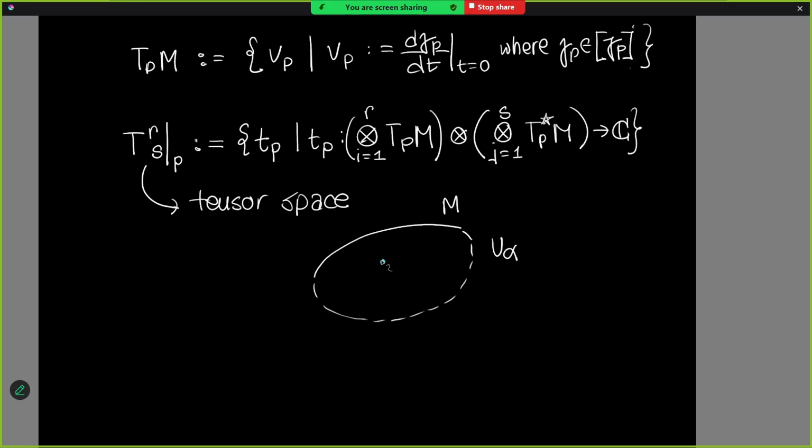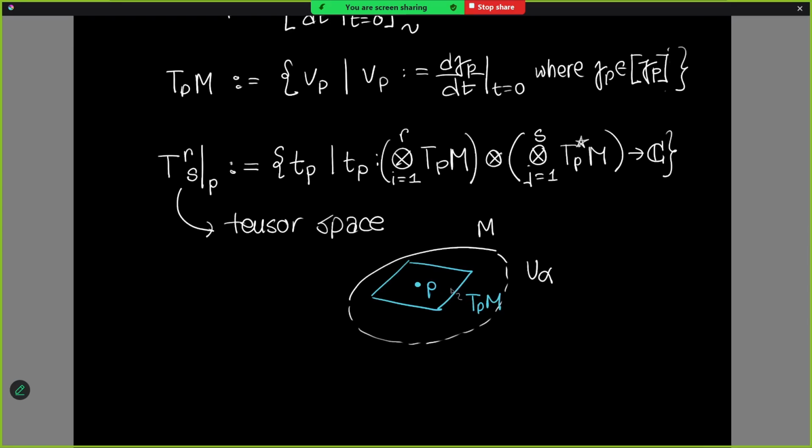Let's think of this point p. We knew that there was this tangent space, right? There was a T_pM that's attached to this p, and there's also, I'm going to draw it a little bit rotated, a dual space T_p^*M. And so using these two spaces, we can use the tensor product to make multilinear maps out of them.